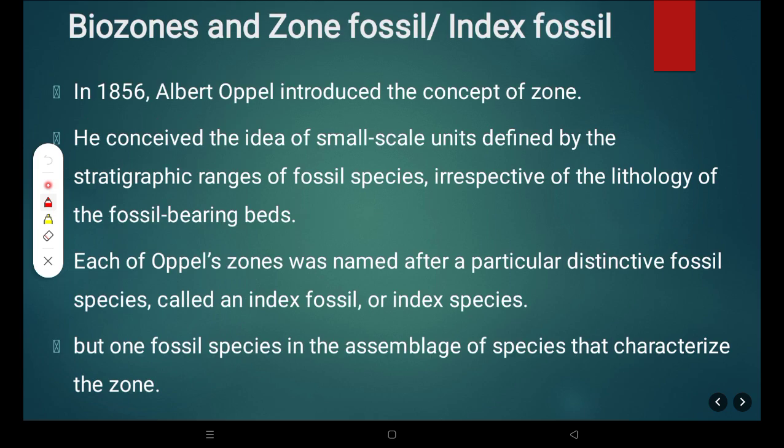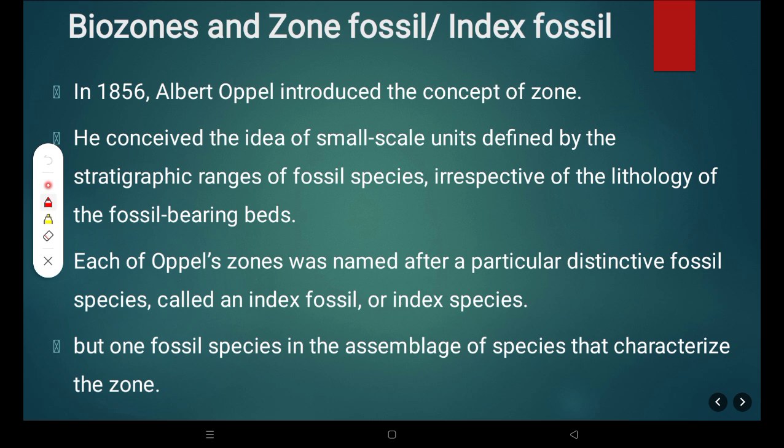While studying biostratigraphy, first we should know what biozones and zone fossils or index fossils are. Oppel introduced the concept of zone. What is a zone? A zone is the fundamental unit of biostratigraphy, just as the fundamental unit of lithostratigraphy is the formation.